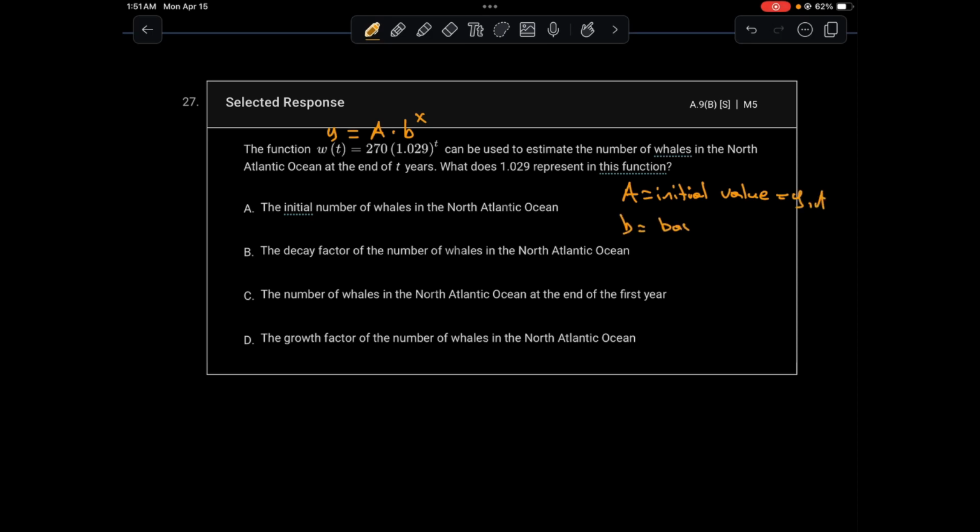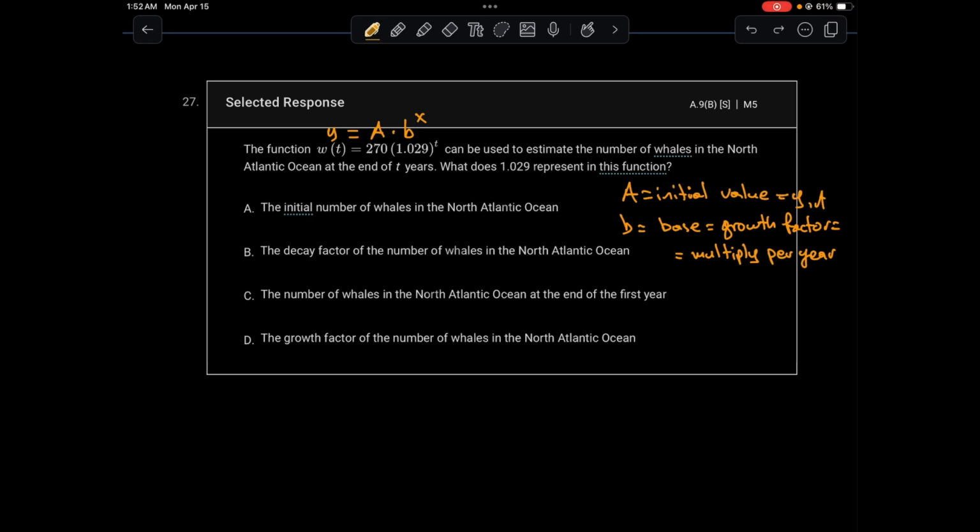B is the base or growth factor, whatever you call it, whatever you multiply by this number per year. And why I say per year, because the exponent represents years. Now the exponent they call t, but it doesn't matter. You can call it t or you can call it x.